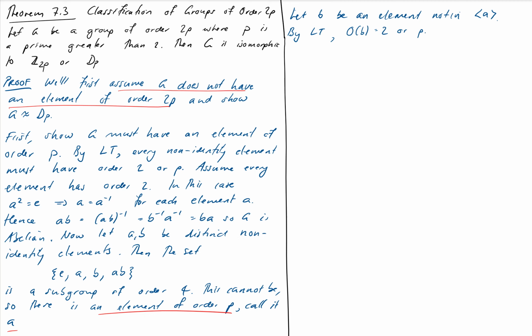Okay, so how do we want to show that the order of B has to be equal to 2? We know that the cyclic subgroup generated by A is cyclic of order P. Hence, it's got prime order, so its only subgroups are the identity and itself.